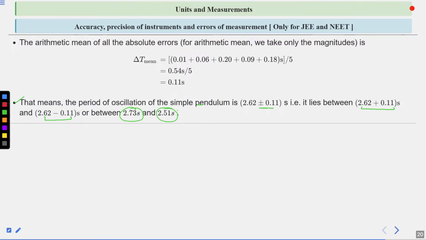So this is the period of oscillation of the simple pendulum, and the range is from here to here. Clear?